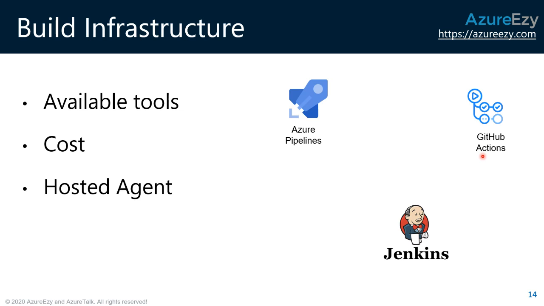So they will have a free limit. In the case of Azure Pipelines, it is 1800 minutes. If you're running your build, you can run 1800 minutes of build every month free of cost. But if you are running an open source project, you will have unlimited time, not the 1800 limit. So for open source projects, Azure Pipelines can help you run builds for unlimited time.